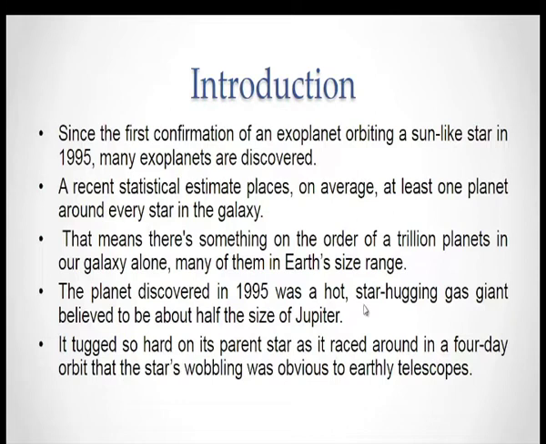The exoplanet discovered in 1995 was a hot, star-hugging gas giant believed to be about half the size of Jupiter. This exoplanet tugged so hard on its parent star as it raced around in a 4-day orbit that the star's wobbling was obvious to earthly telescopes.